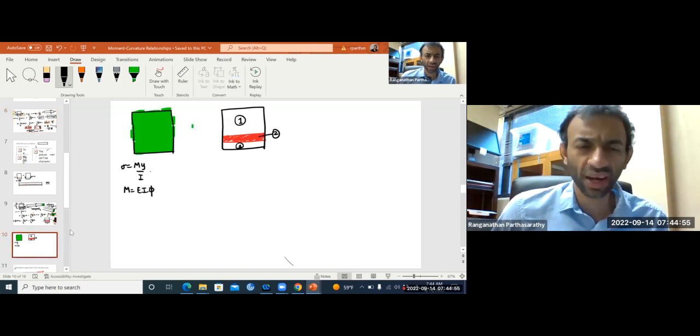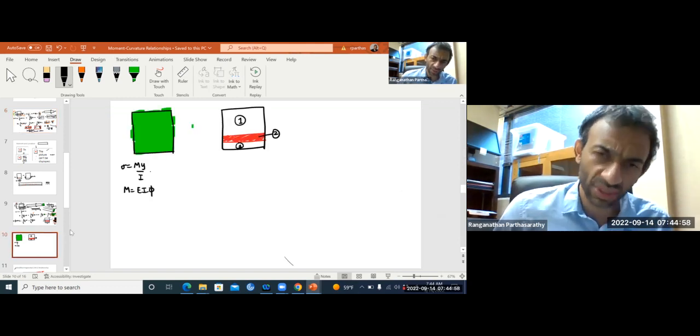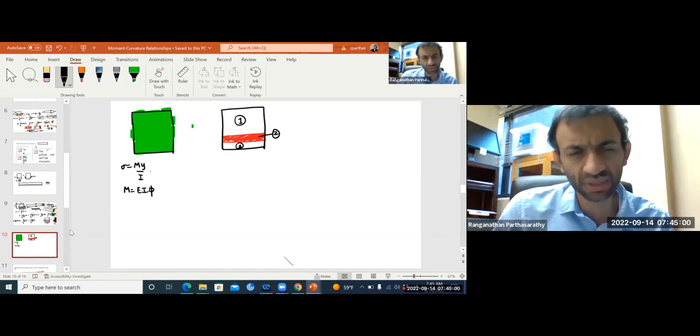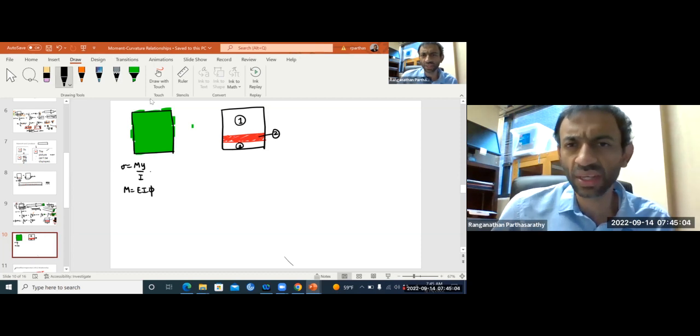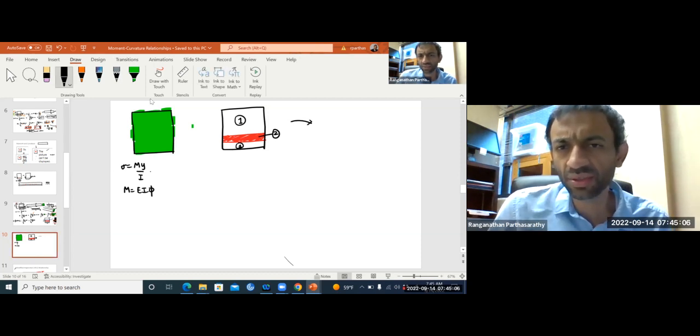But I want to be able to use the same equations even for this non-homogeneous cross section. Then what should I do? I should convert this to an equivalent cross section. That means till here everything is 1, that's fine. Wherever I have material 2, I scale up the width.